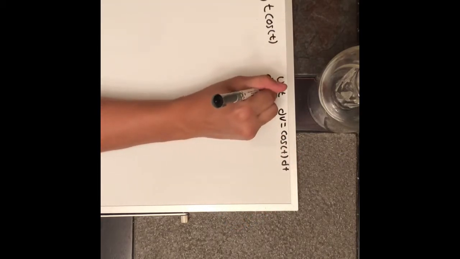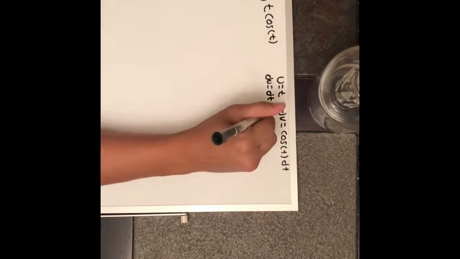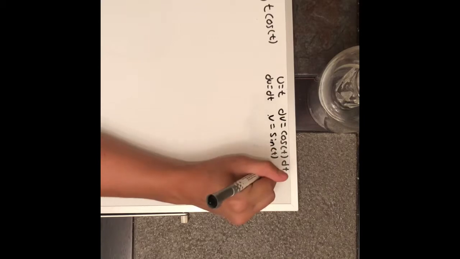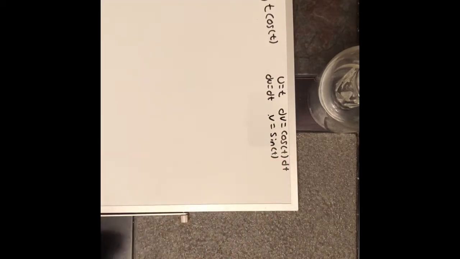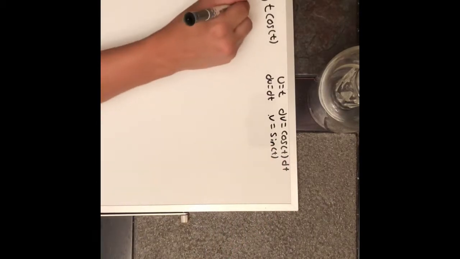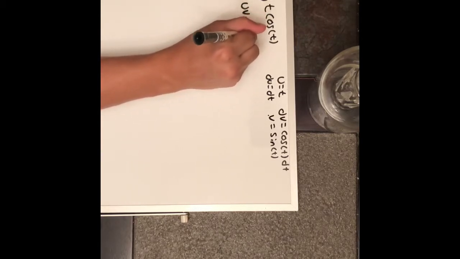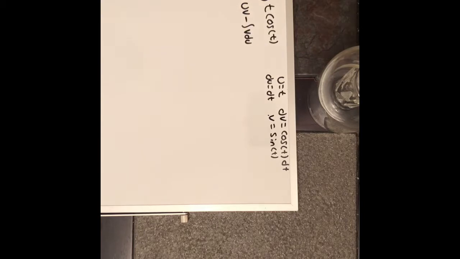Our du would just be equal to dt, and our v will be equal to sine t. So integration by parts, the equation goes uv minus the integral of v du. So let's plug and chug.